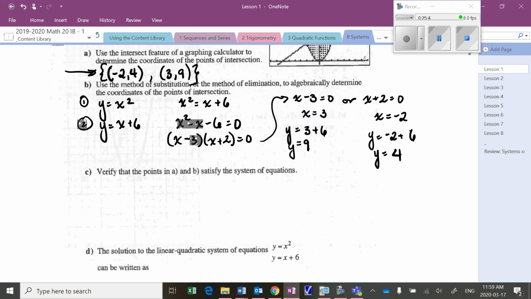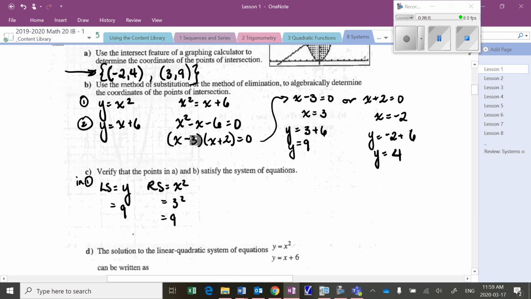So let's make sure that it works out for that first equation. So check in 1. Left side is y, which is 9, and the right side is x squared, or 3 squared, which is also 9. So left side equals right side.